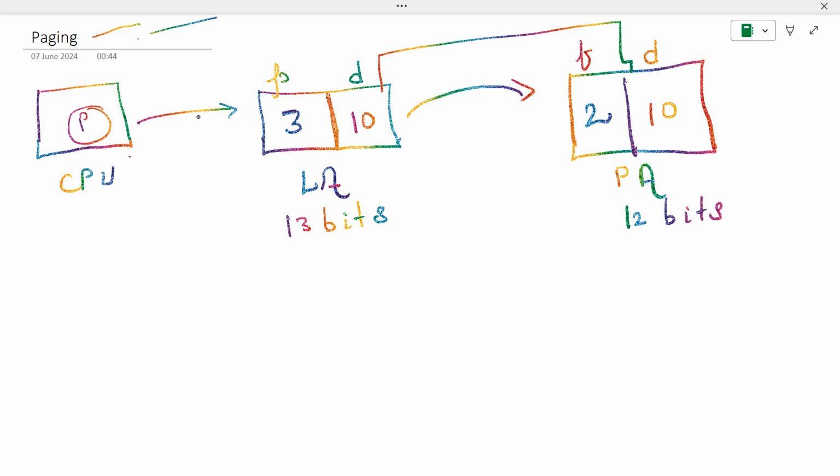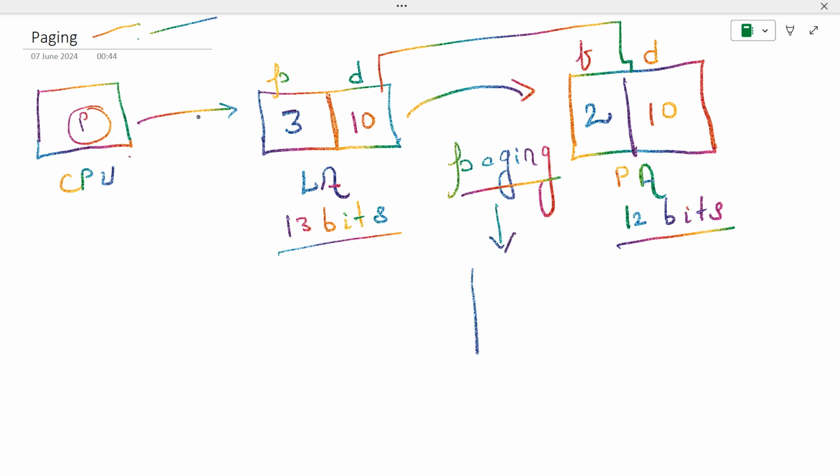For this to be mapped, we need paging. This paging is implemented with the help of some hardware. In paging we learnt that we have a page table that maps our logical address to the physical address. In this page table we have the number of pages, so the number of rows is equal to the number of pages.